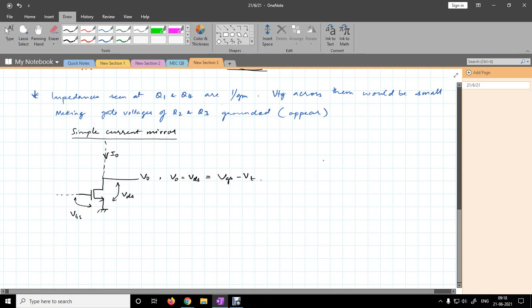For this to actually be in saturation. But if you take a cascode current mirror, so I have I naught here, this is V naught, here I have Q3, then another MOSFET which is Q2, and this is grounded.